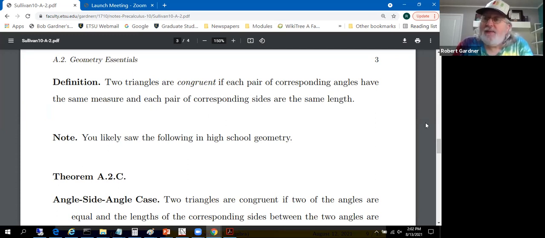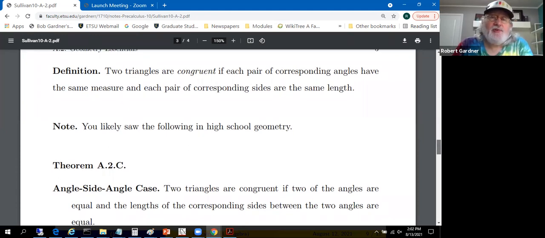In high school geometry, you establish some conditions under which triangles are congruent. I'd crudely say two triangles are congruent if they're the same size and the same shape. More of that soon.